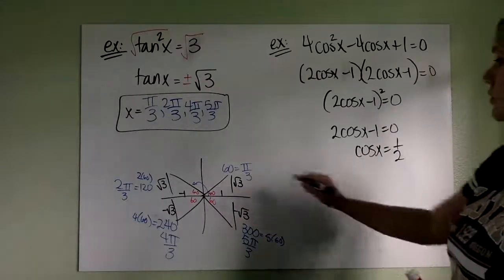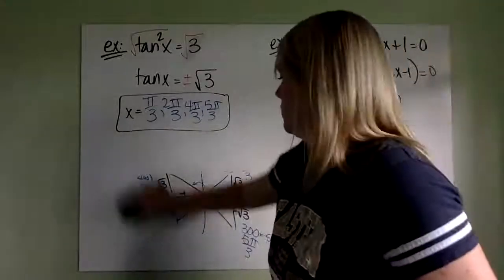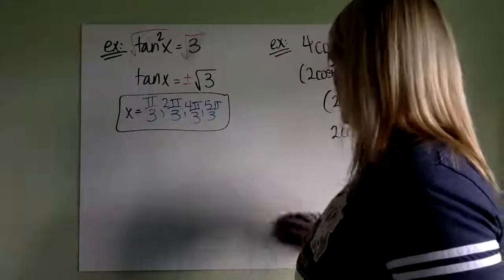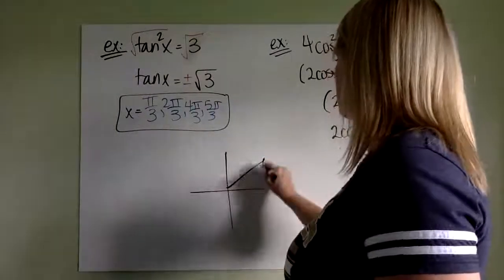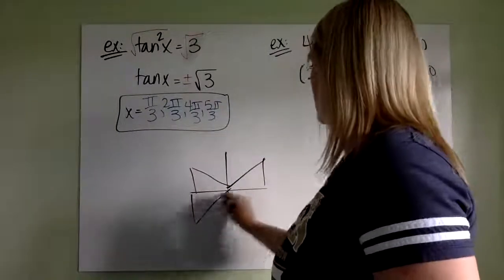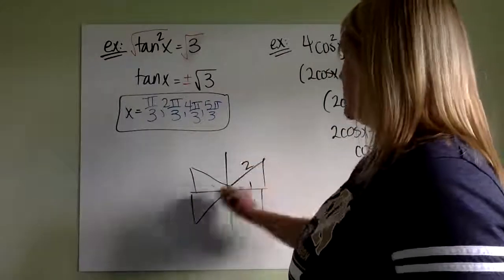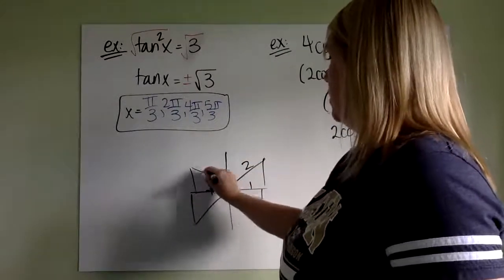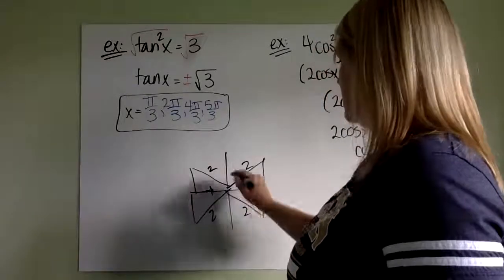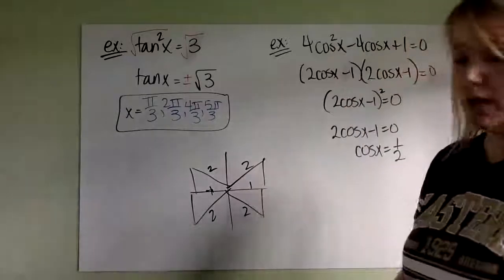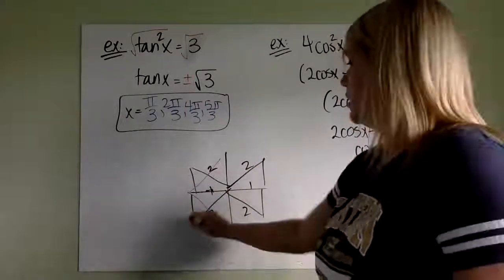Again, if you use your triangles, you'd be looking for where the adjacent side is a 1 and the hypotenuse is a 2. So here's a negative 1, 2, positive 1, 2, positive 1, 2. You're going to use these two triangles on the right. The two triangles on the left have negative 1s, so they don't work.